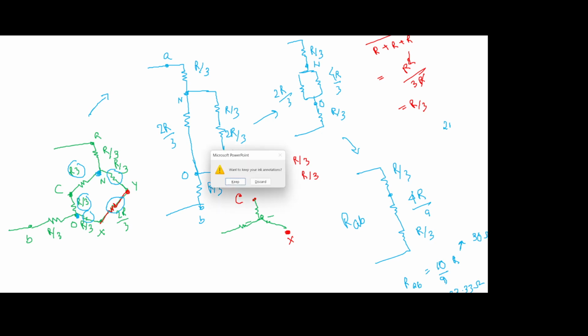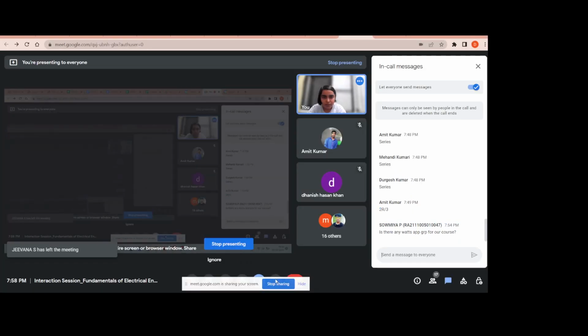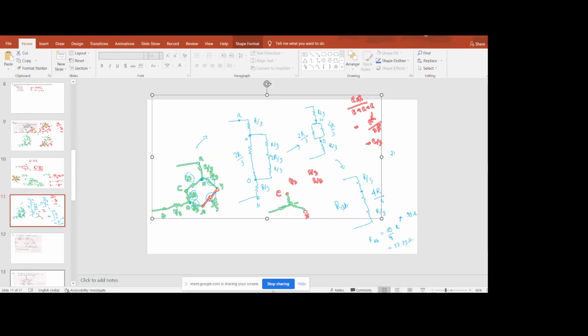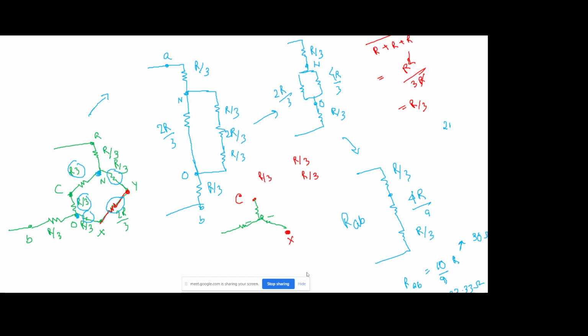Anyone has any problem understanding this, please let me know. I am okay with explaining. You can decide about the WhatsApp group, that I do not know. If you have any queries, you can write via mail or whatever is convenient for you. Otherwise we can solve another problem.